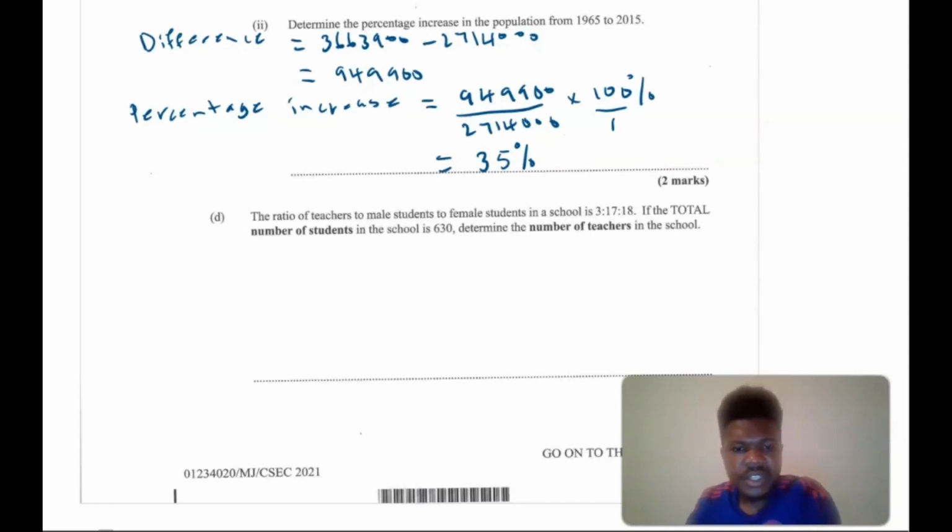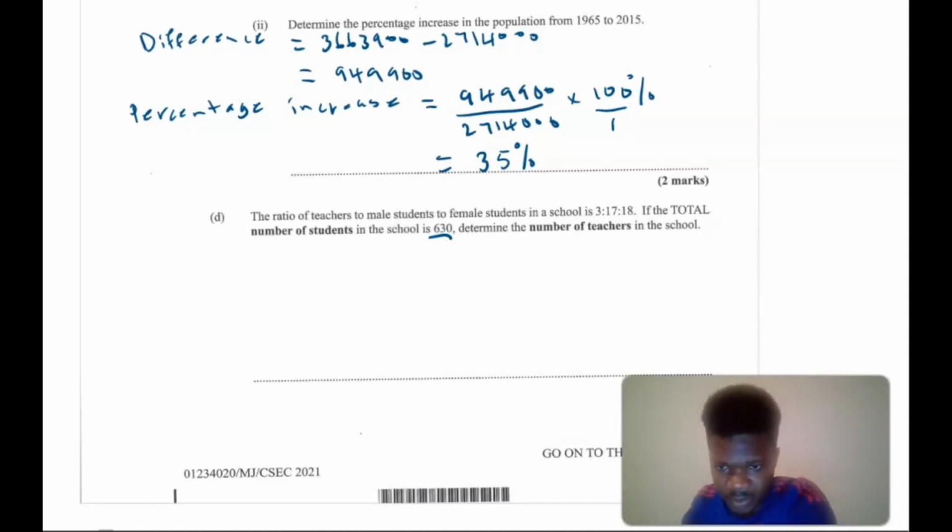Now our next question says the ratio of teachers to male students to female students in a school is 3 to 17 to 18, which means for every 3 teachers there are 17 males and 18 female students. So if the total number of students in the school is 630, determine the number of teachers in the school. All right, so this 630 represents the total number of students, not everyone in the school.